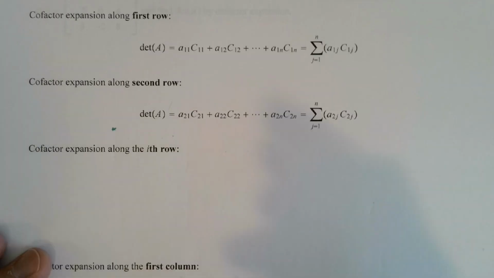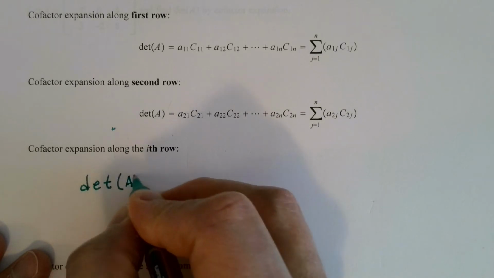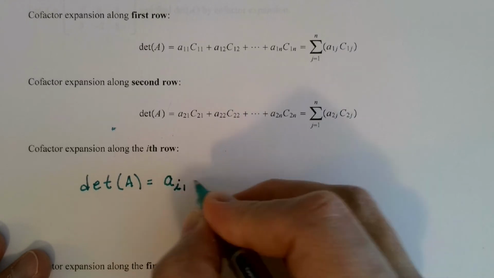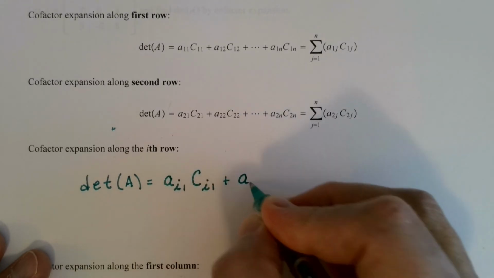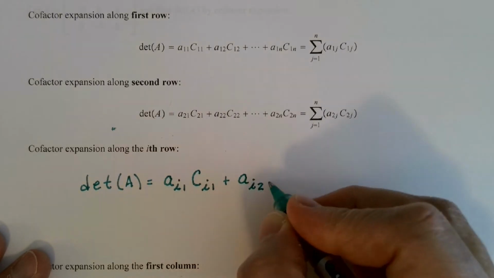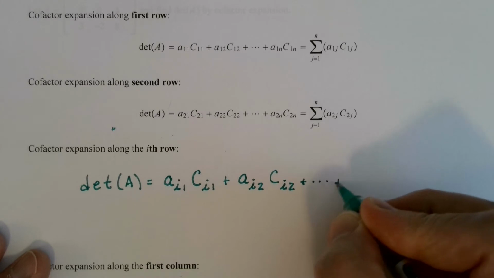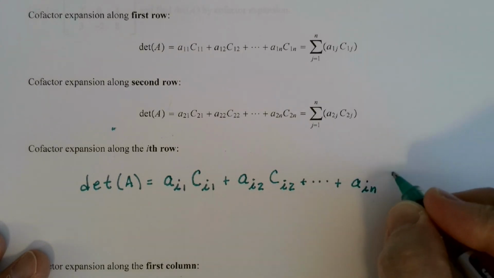In fact, along the ith row, what will the determinant be? It'll be the first entry in the ith row, Ai1, times its cofactor, plus the second entry in the ith row, Ai2, times its cofactor, all the way down to the last entry in the ith row, which is Ain, times its cofactor.